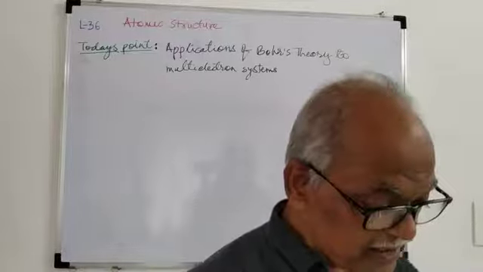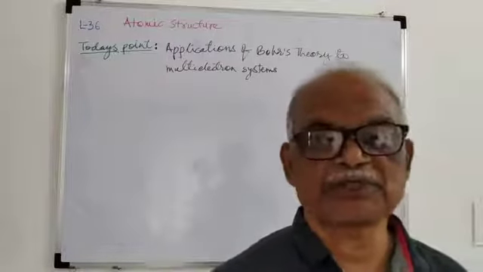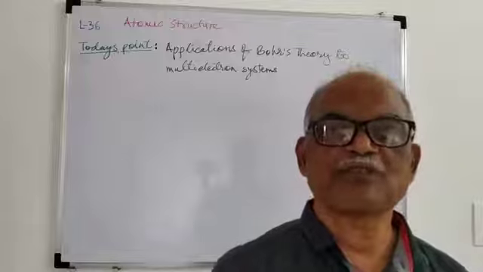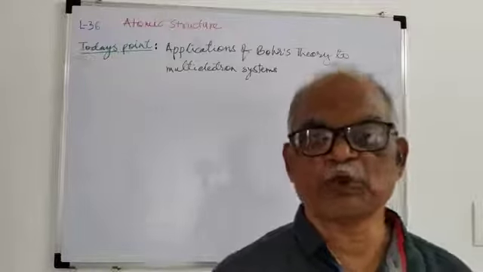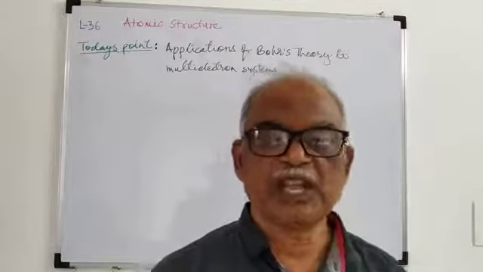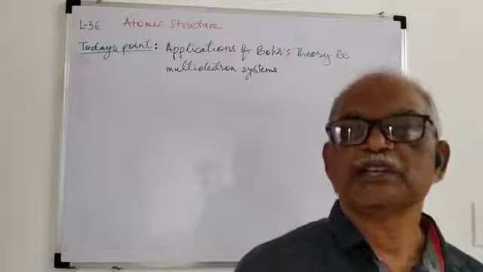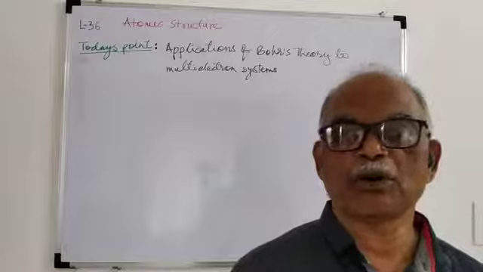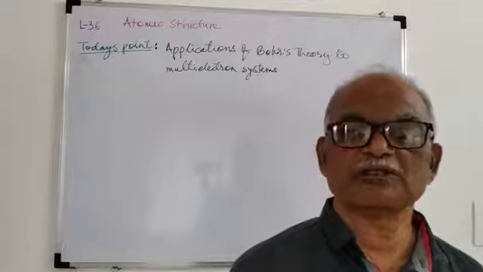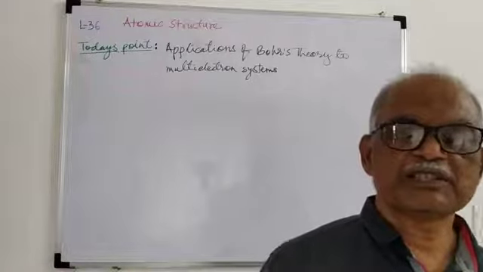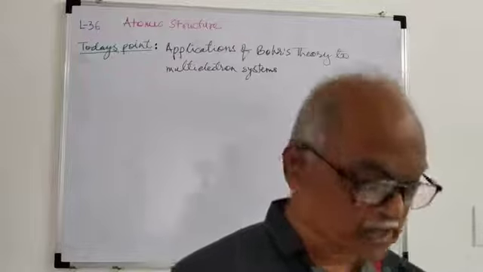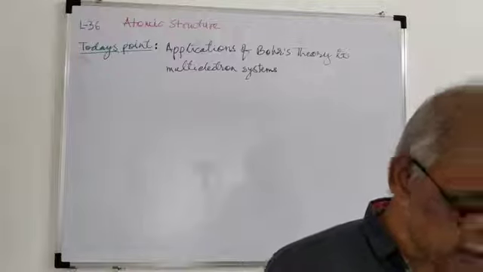But when it is applied to multi-electron systems, it cannot work most precisely. It sticks to the circular nature of orbits present around the nucleus, but this concept is not supported by various experimental investigations.